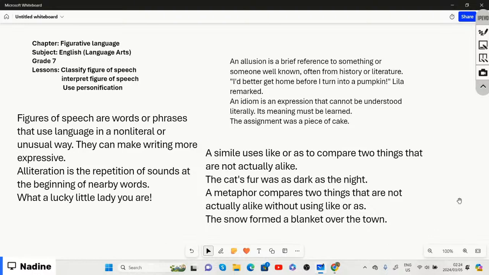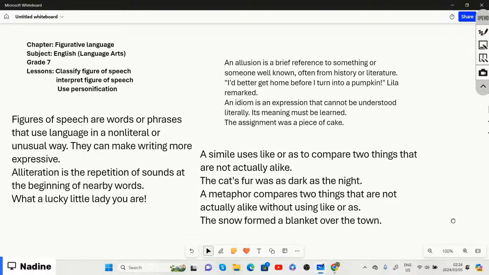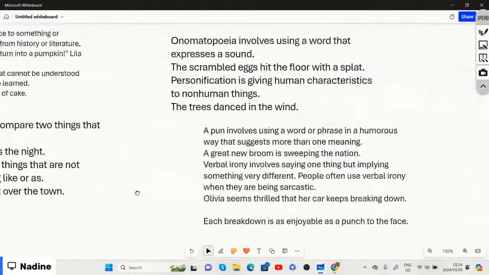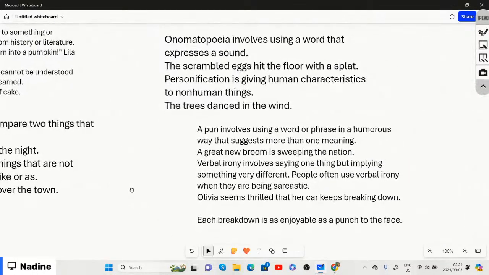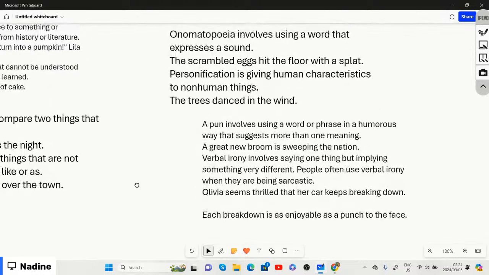It's like we're expressing different humorous things. We have onomatopoeia, and then we have personification, pun, as well as verbal irony.